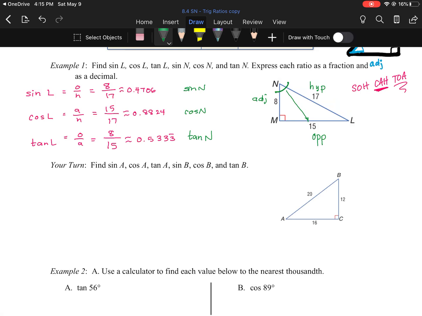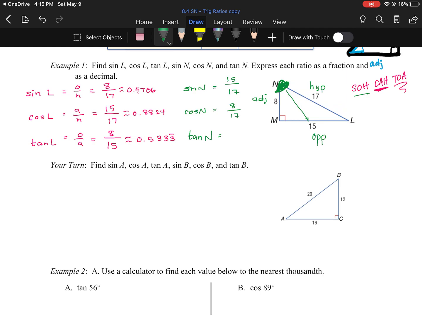So now we have to do the sine of N, the cosine of angle N, and the tangent of angle N. Sine is opposite over hypotenuse. So here's my angle N. Opposite is 15, hypotenuse is 17. Cosine of N is adjacent over hypotenuse, so that ratio is 8 over 17.